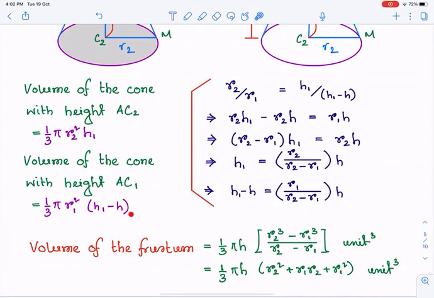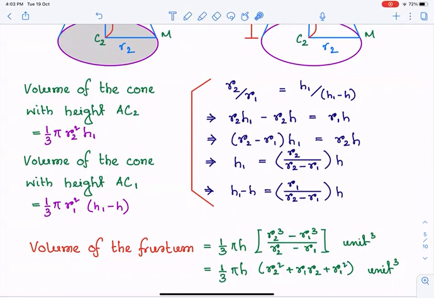Clear? So that's what we are getting as 1/3 pi h into R2 cube minus R1 cube by R2 minus R1. Or performing this ratio, we can have 1/3 pi h into R2 square plus R1 R2 plus R1 square.